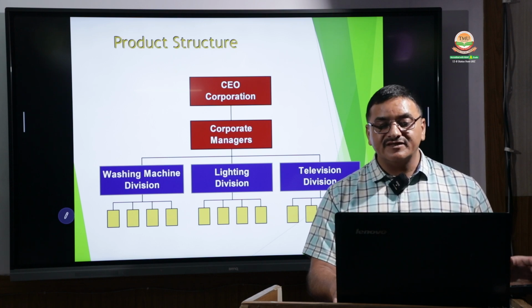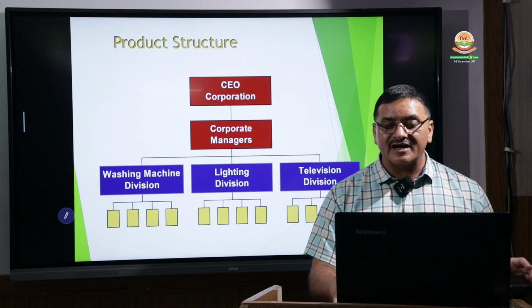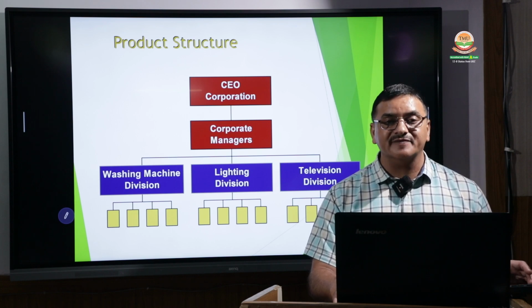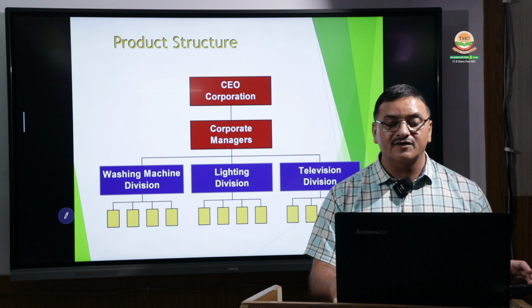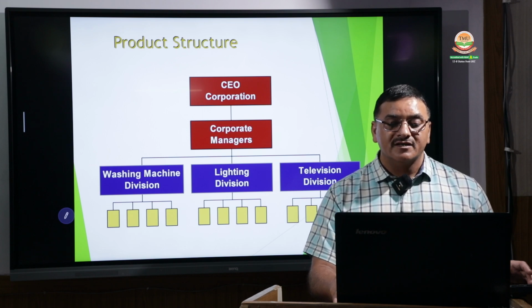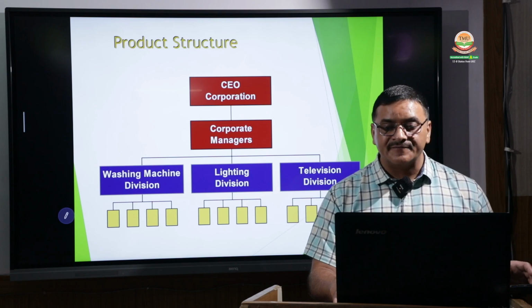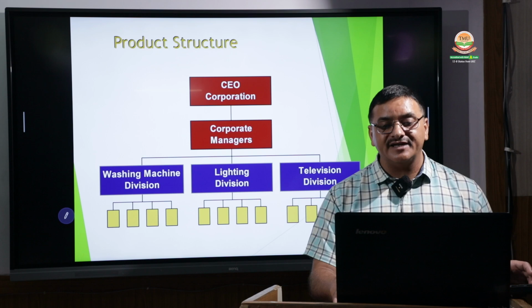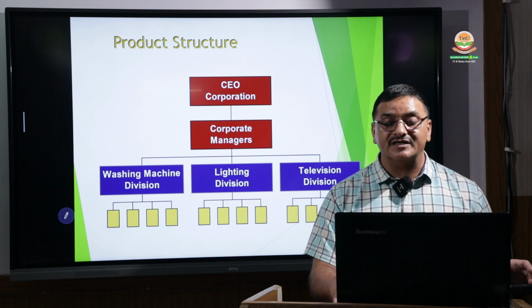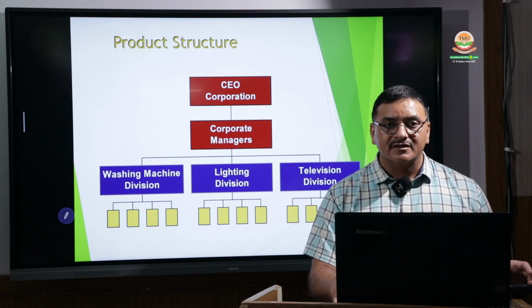Firstly, given the increased complexity of the marketing mix and diversity of products and brands, the product manager concept offers a way of coping with these complex marketing inputs in a balanced manner. It ensures that all products and brands get proper attention and no product is allowed to languish.